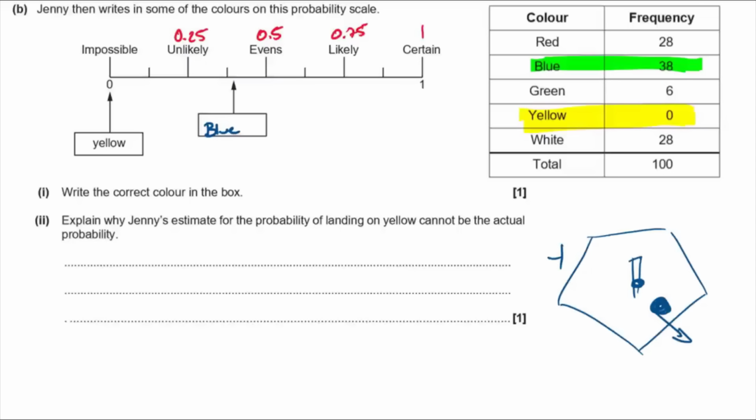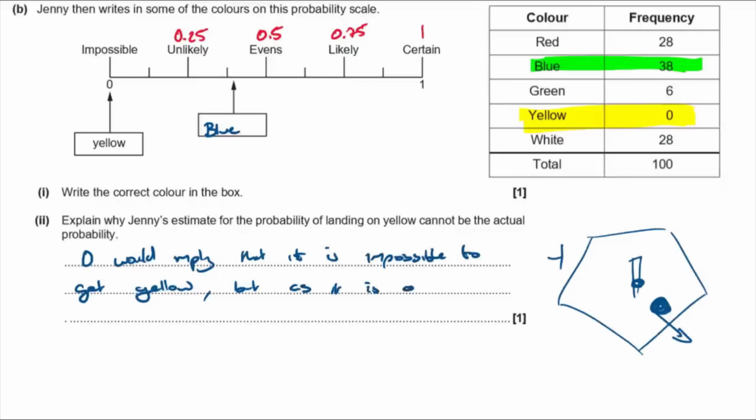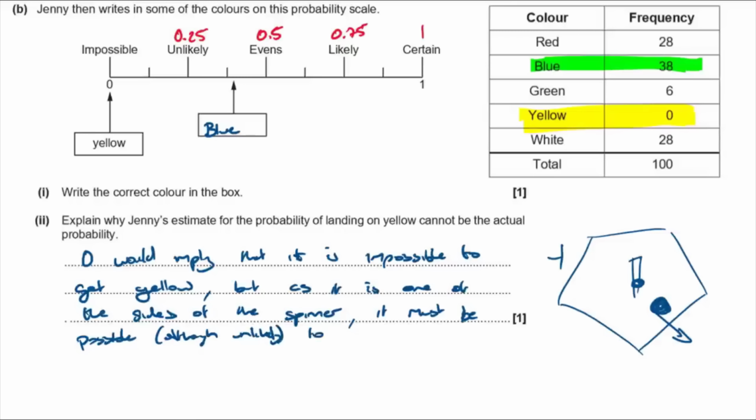So it cannot be the actual probability. 0 would imply that it is impossible to get yellow, but as it is one of the sides of the spinner, it must be possible, although unlikely, to land on it.